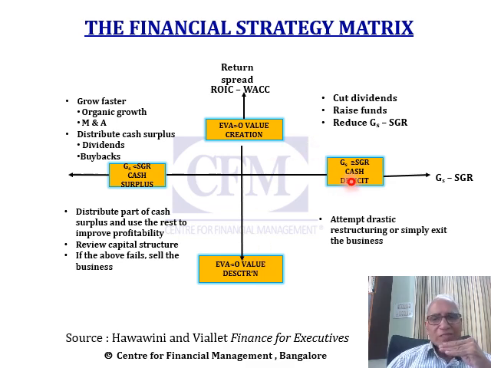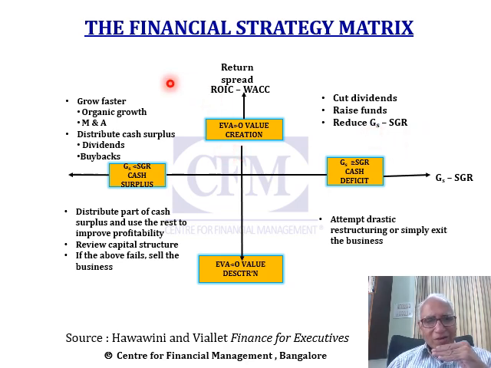An EVA positive company creates value, an EVA negative company destroys value. If the growth rate in sales is greater than the sustainable growth rate, the company is a cash deficit company. If the growth rate in sales is less than sustainable growth rate, the company is a cash surplus company. In this quadrant where return spread is positive and the company has cash deficit, the recommended actions are cut dividends, raise funds, reduce the gap between growth rate in sales and sustainable growth rate.